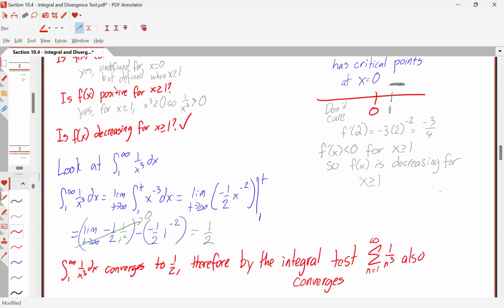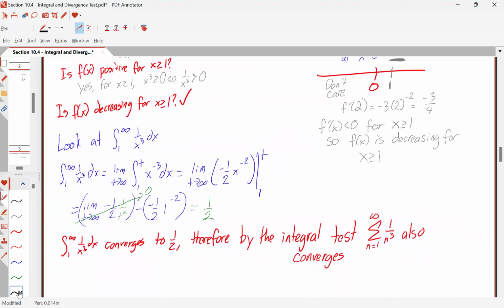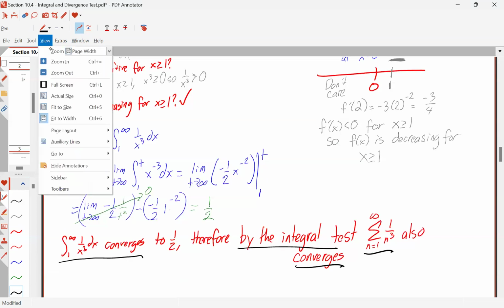And reiterating our sentence of conclusion at the end, we have the series converges or diverges by the test because of the reason. And recall a property from the first video.